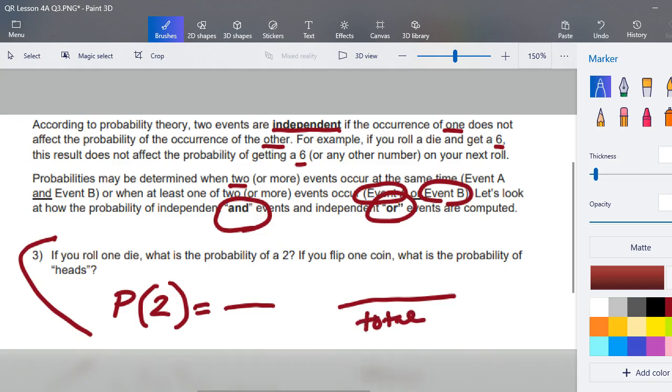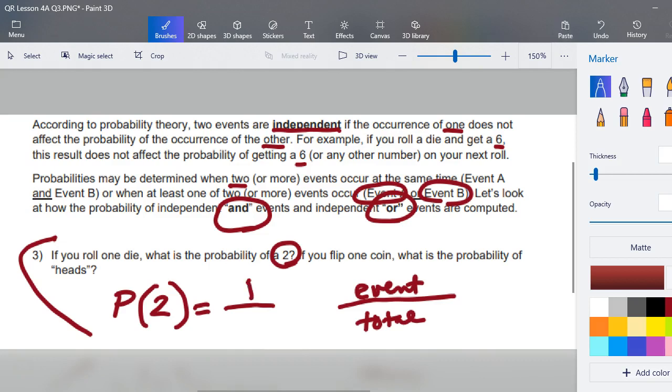We've had part and whole before, and so this is the event we want to happen. What's the probability we're going to see that, or how many outcomes can actually be that event over the total number of outcomes. So when you go to roll a die, what's the probability of getting a 2?